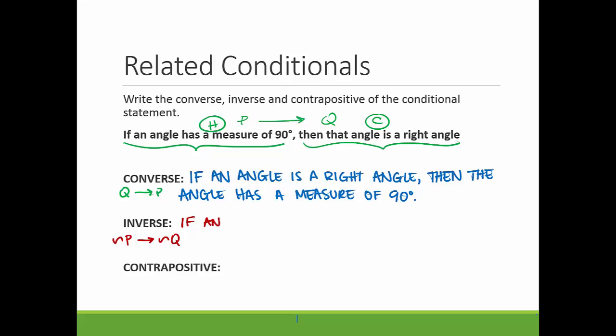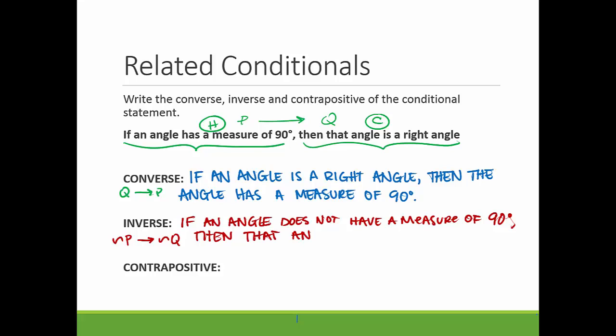If an angle does not have a measure of 90 degrees, then that angle is not a right angle.